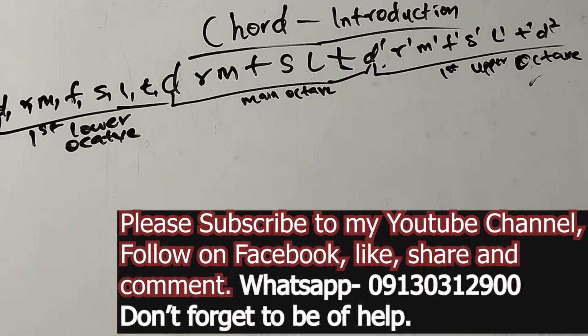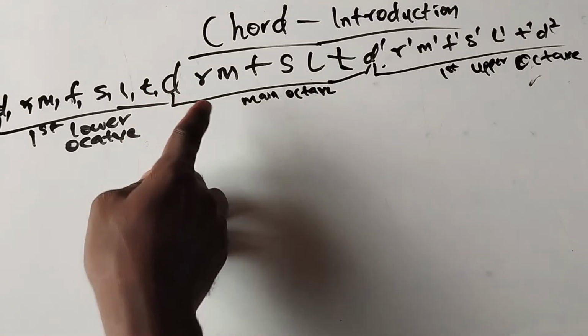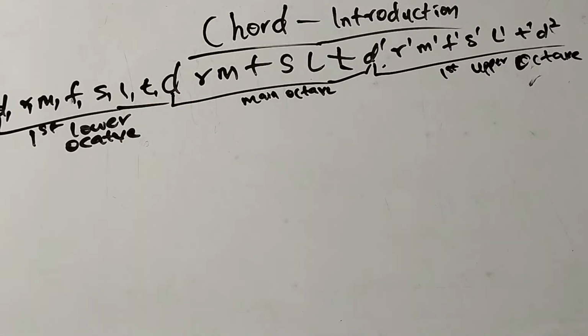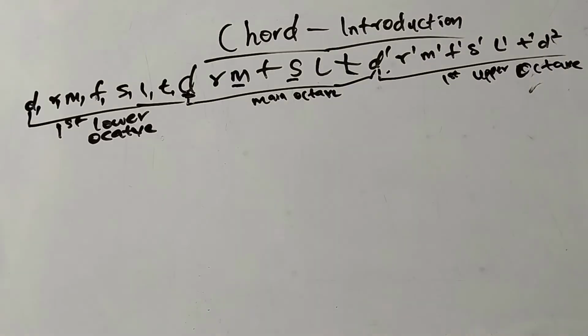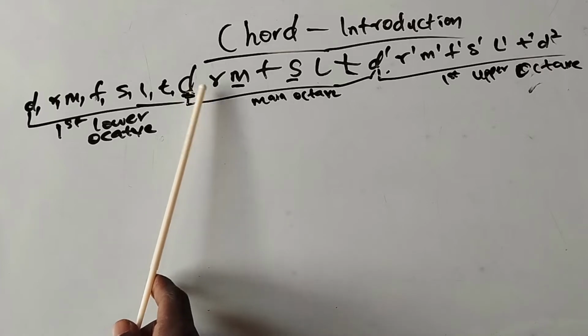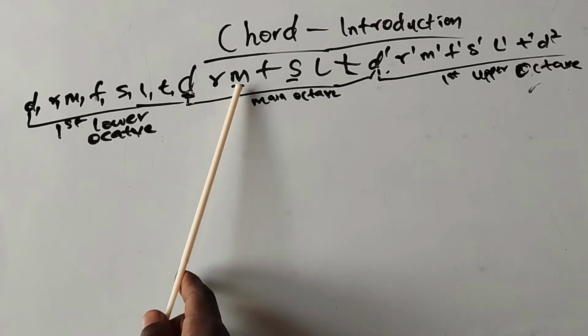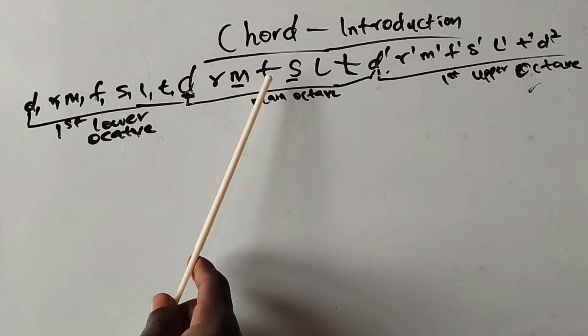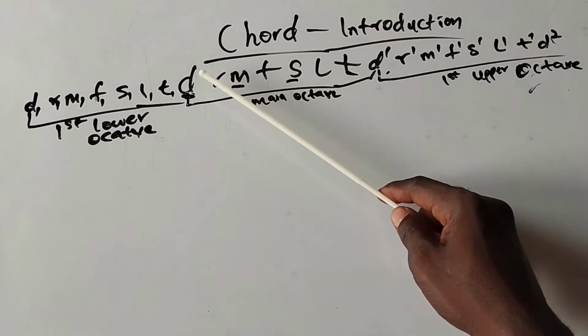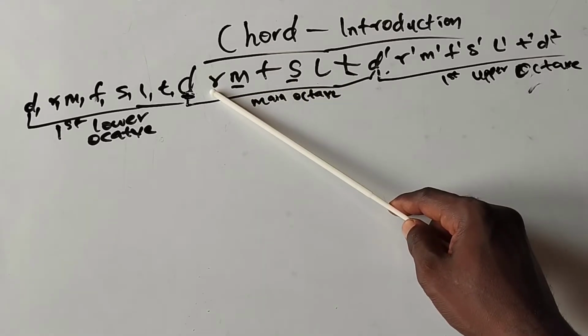Remember, we have 7 letters in music notation. Do, re, mi, fa, sol, la, ti, do. That is all we have. So when we have these octaves, a chord is formed from do, formed from re, formed from mi, fa, sol, la, ti, do. If you form a chord from re, you call it re chord.